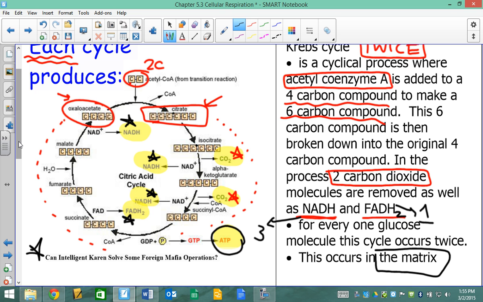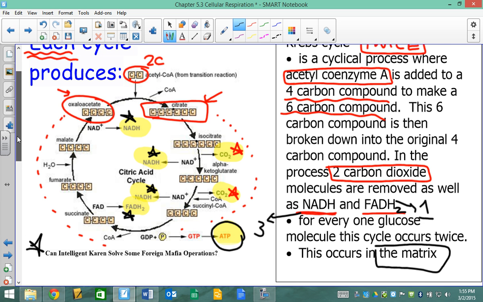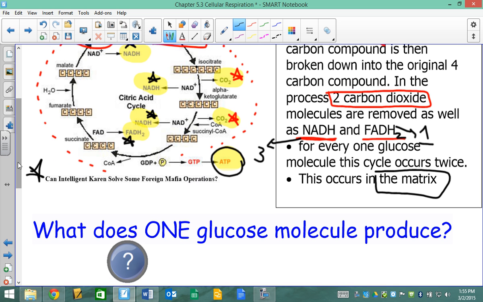So what I'd like to do is sum up not what happens in each cycle, but what happens in one full cell respiration reaction, because that's usually what we're talking about. And so you'll see underneath, I want to focus on what does one glucose molecule produce, because one glucose makes this cycle happen twice.